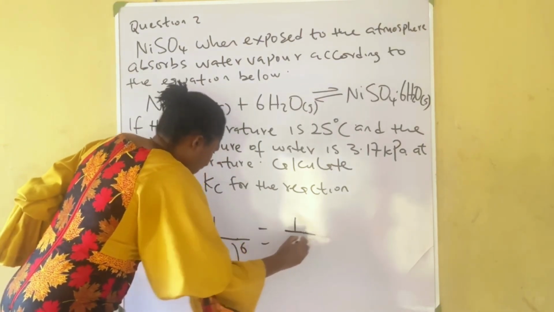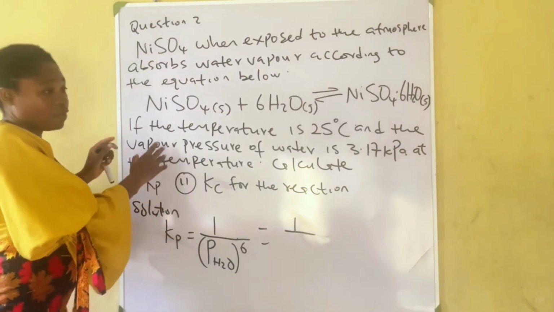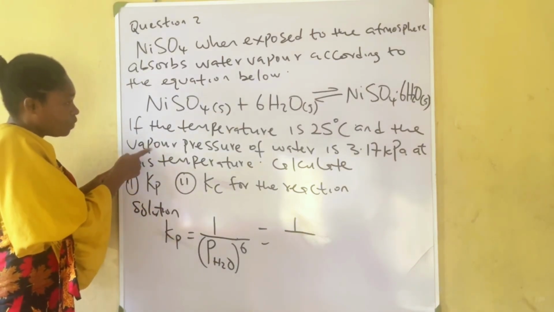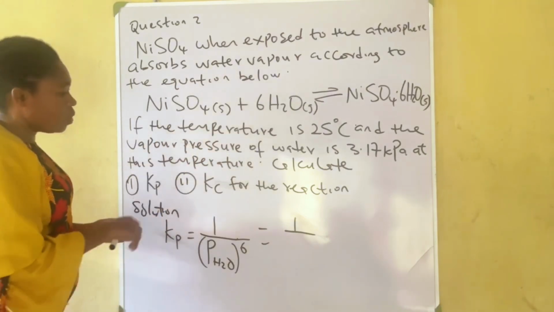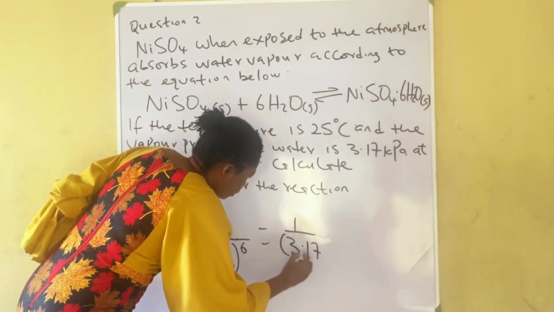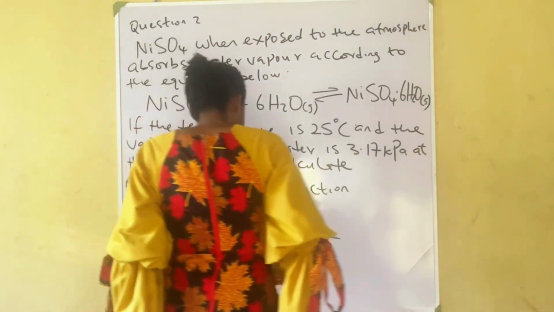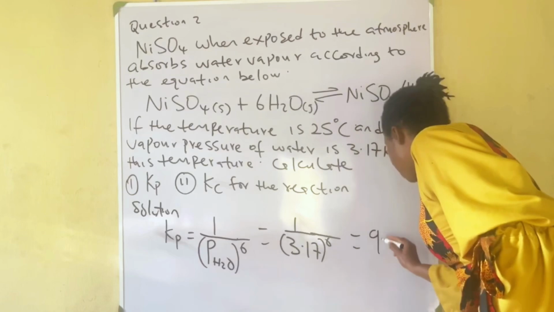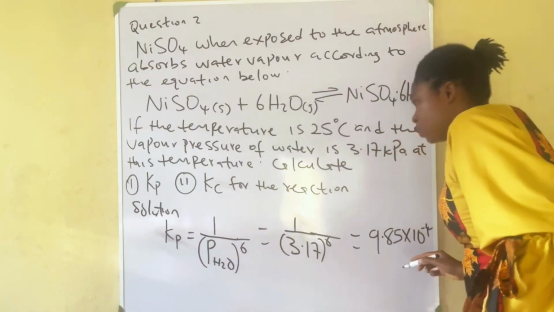So 1 over the pressure of water vapor. The vapor pressure of water is 3.17 kilopascal, so 3.17 raised to the power 6. So Kp is going to be 9.85 times 10 raised to the power minus 4.